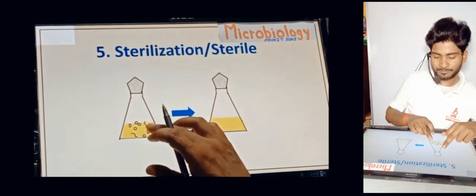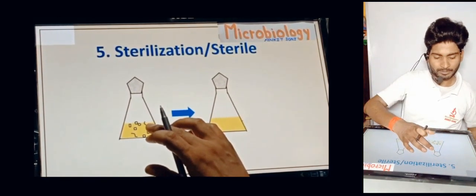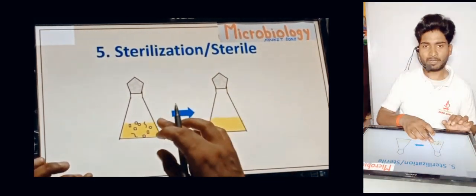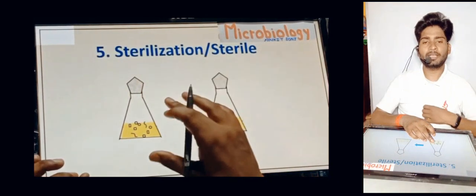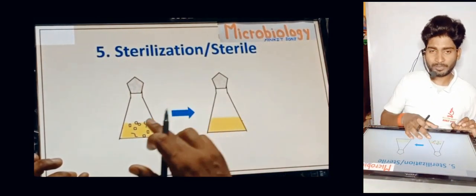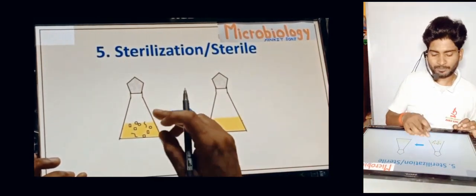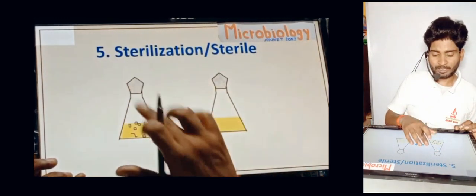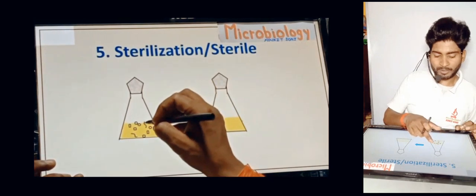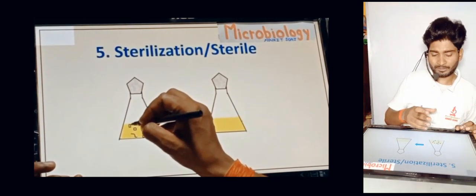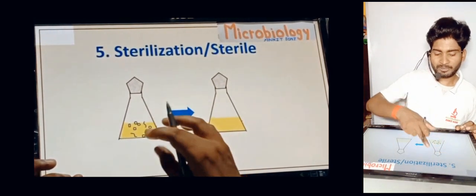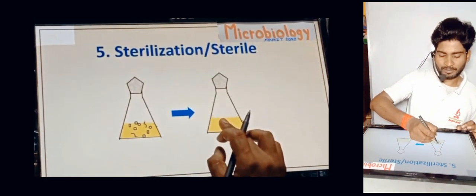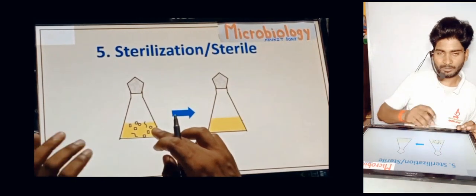It is clear from the picture, if you have taken any kind of flask, you have prepared a nutrient solution medium for microorganisms, and you are interested in isolating from a food sample or water sample, maybe that flask may already have some microorganisms in it, or that nutrient solution may already be associated with microorganisms, so they can be contaminated.